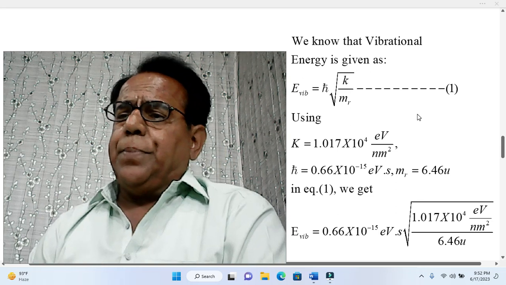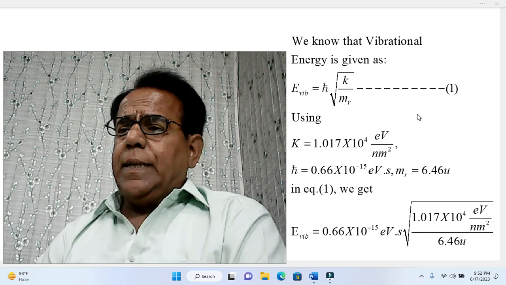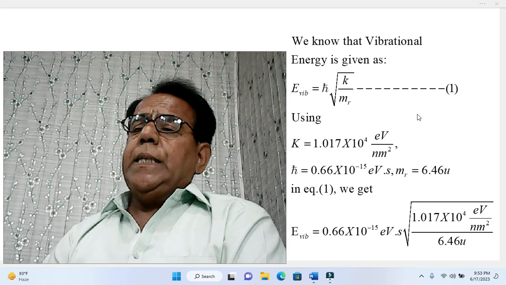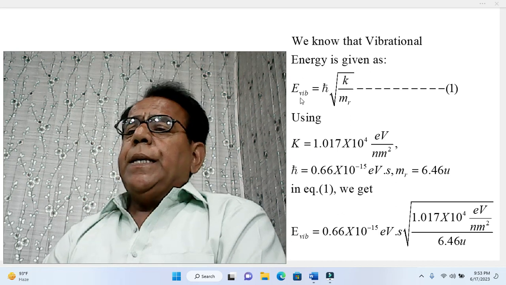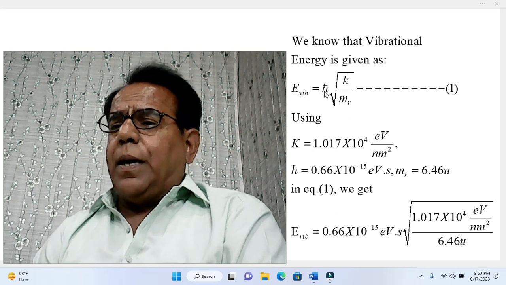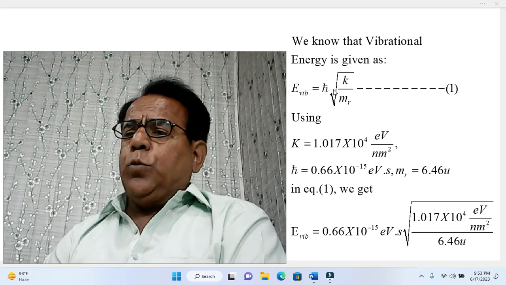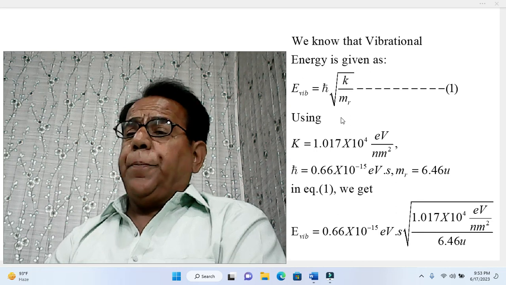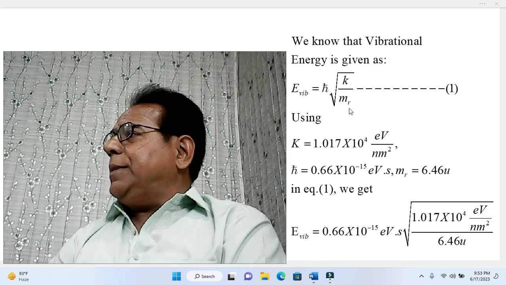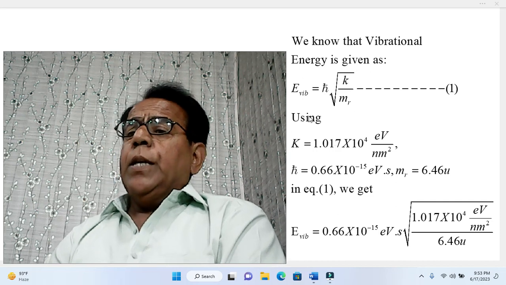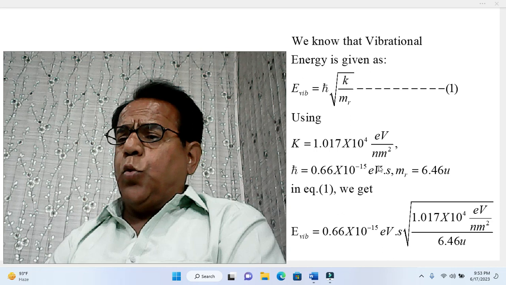We know that vibrational energy is given as E vib, where vib is written as a subscript of E. E vib is equal to h cut or h bar or h reduced, that is Planck's constant h divided by 2 pi, into the square root of k over mr. K is the force constant and mr is the reduced mass, using k equal to 1.017 times 10 raised to the power 4 electron volt over nanometer square.